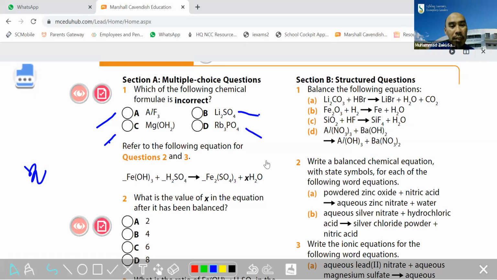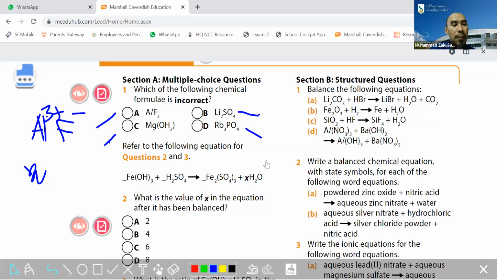You must memorize the individual formula for ions. Let's see AlF3. It consists of the aluminum ion, Al3+, and F minus.